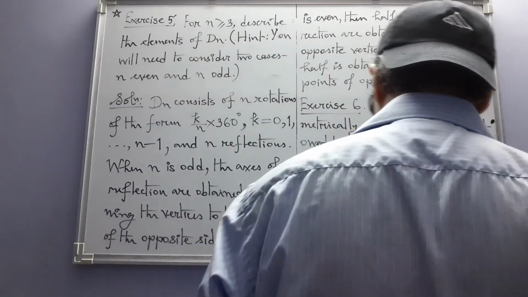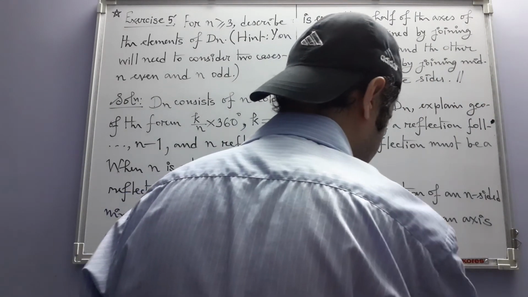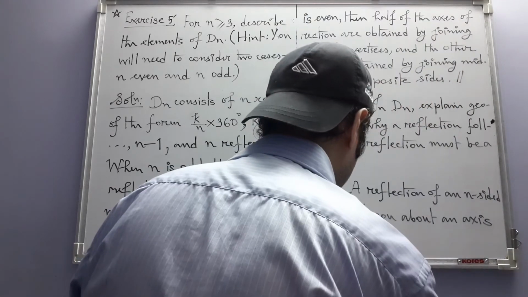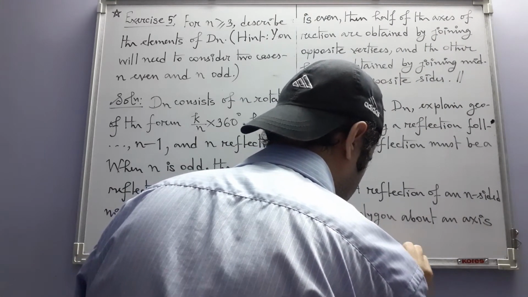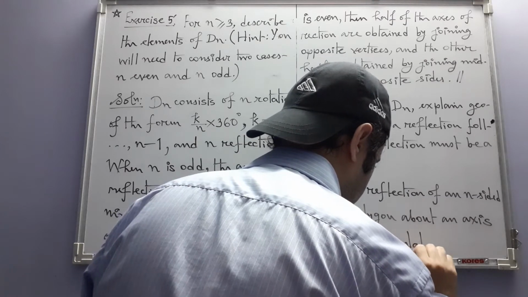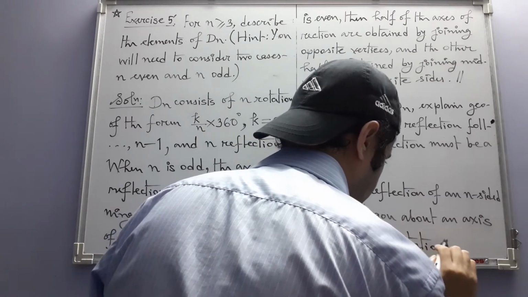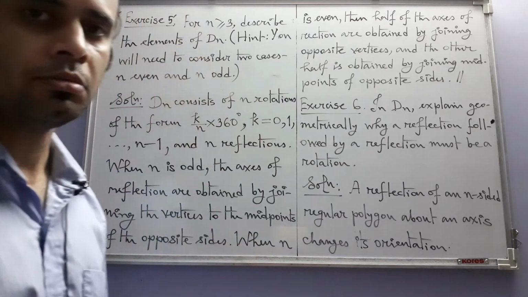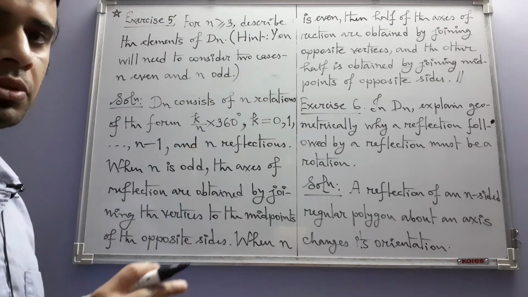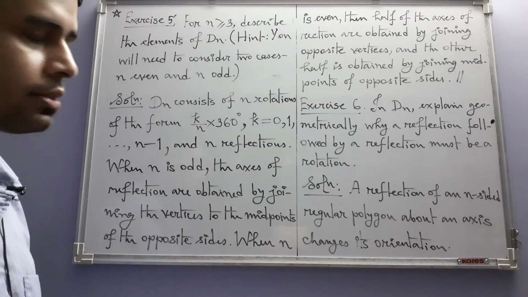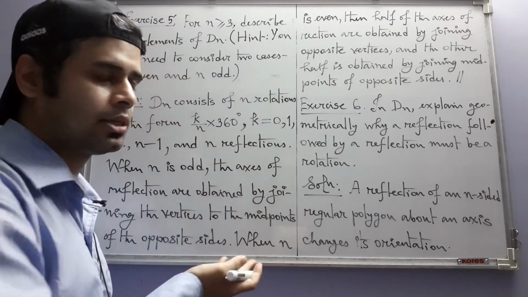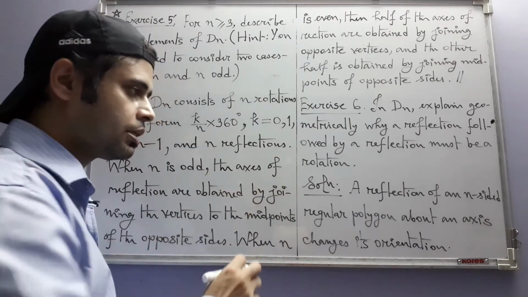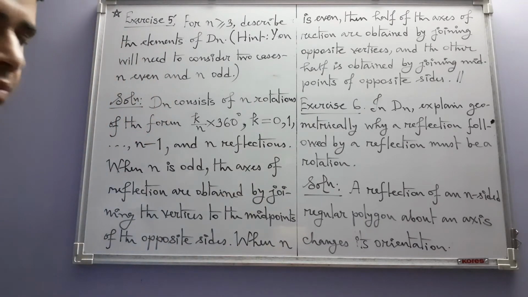So we can write: changes its orientation. This we have already seen 2 times, in fact 3 times if you count the example in the text also. If you flip, then the orientation changes. Rotation does not change orientation.